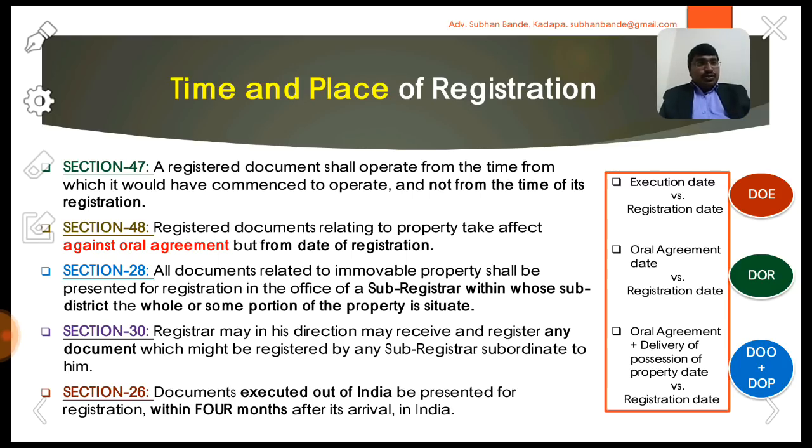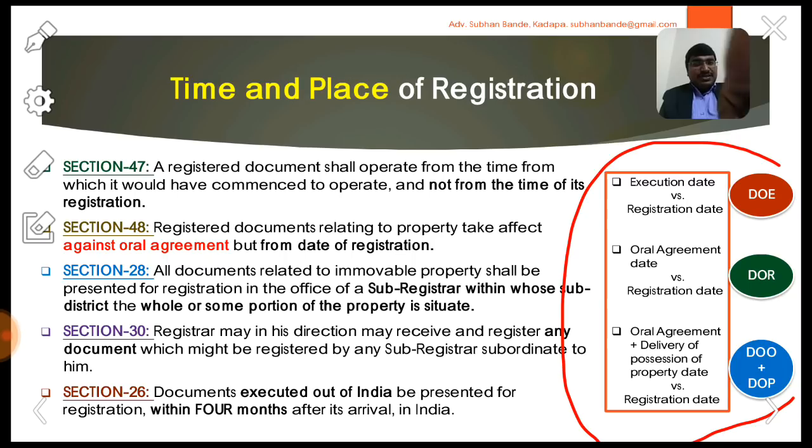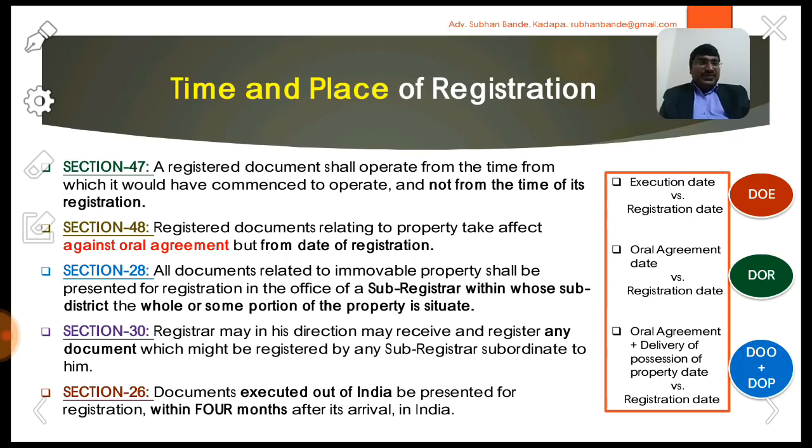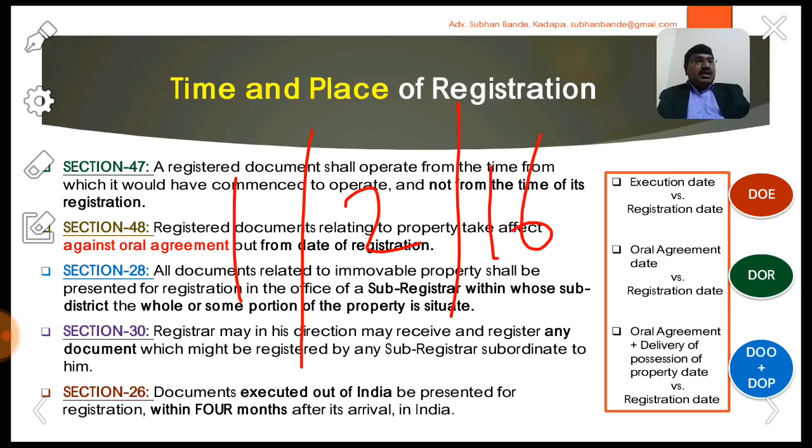Here, using this chart, we can easily understand the concept related to the time and place of registration and the dominance of the time with relation to registration. A document is executed on one date and registered on another date. Executed on 1st February 2016, but it is registered on 3rd March 2016.